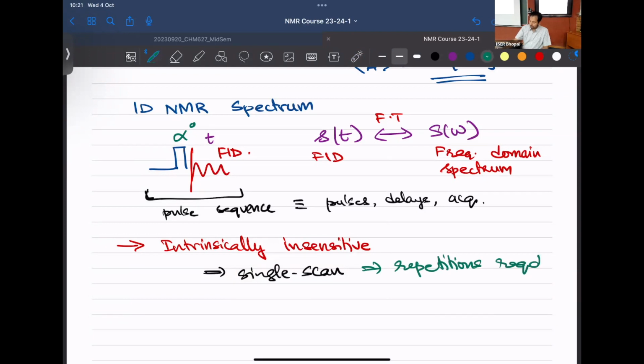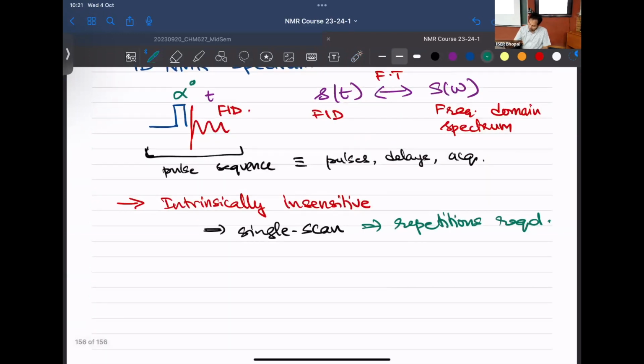Therefore, experiments are repeated. So repetitions are required. How this experiment is repeated is the first question, which is where I've been pointing out a delay before the pulse that is applied, even for a single pulse one-dimensional NMR experiment. This delay, which will be dubbed as the interscan delay, quite often referred to as the D1 delay.